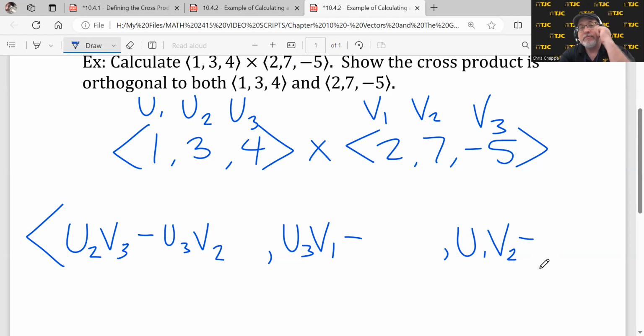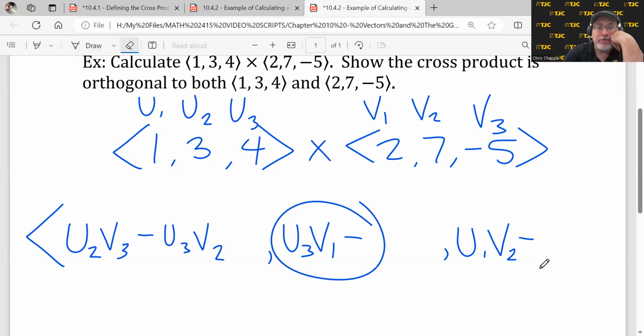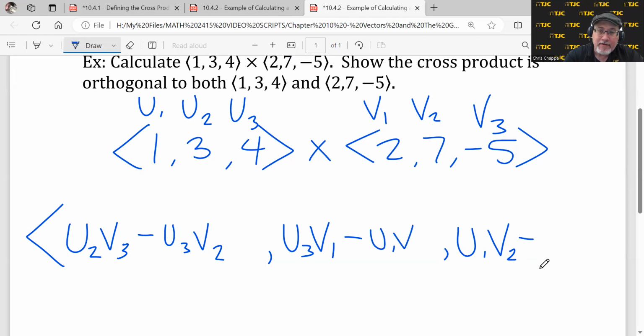In the second component here, we're going to switch the order of the subscripts. So instead of U3 V1, it's going to be U1 V3. Being very careful to draw my V's pointy and my U's curvy. And on the third component, again, we're going to switch the subscripts. So it's going to be U1 V2 minus U2 V1.